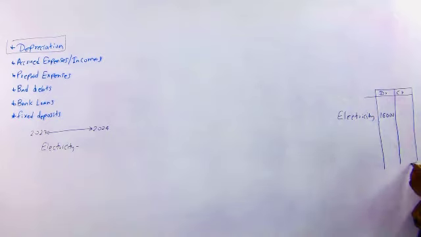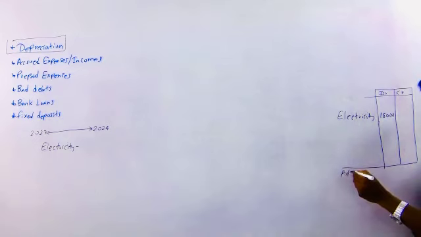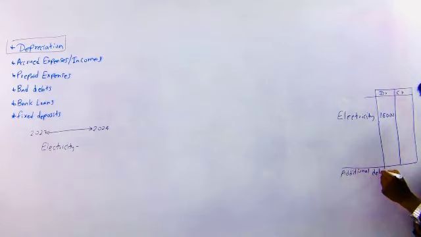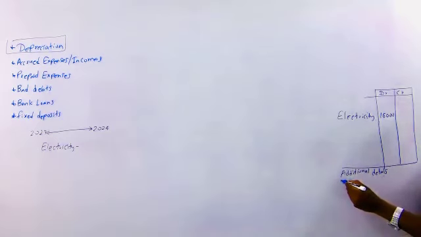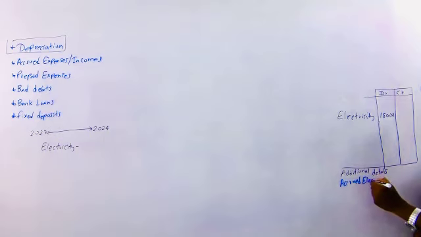And after that, they give us some additional details. So here in additional details, they will say accrued electricity 3,000, right?